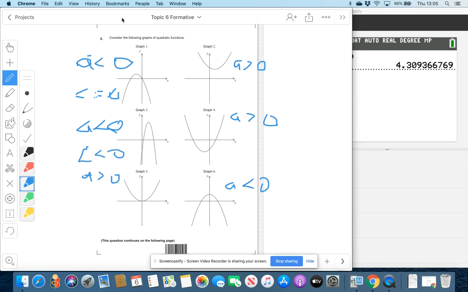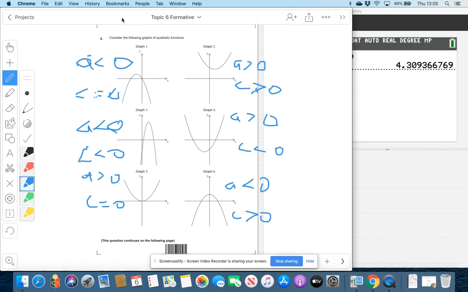Here C is equal to 0 again. Here C is greater than 0. C is less than 0 here. And C is greater than 0. So the only thing that's missing really is B.